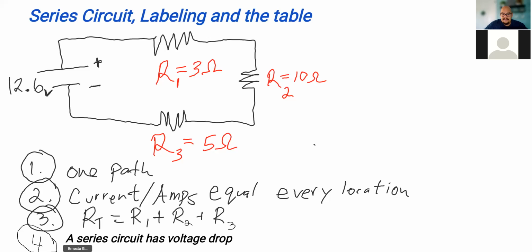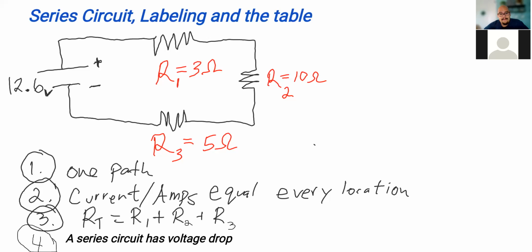Now, what does that mean? That means that every part that is using up, that's putting up work. For example, resistor number 1 is doing something because it's resisting. Resistor number 2 is doing something, is resisting. And resistor number 3 is doing something, is resisting.